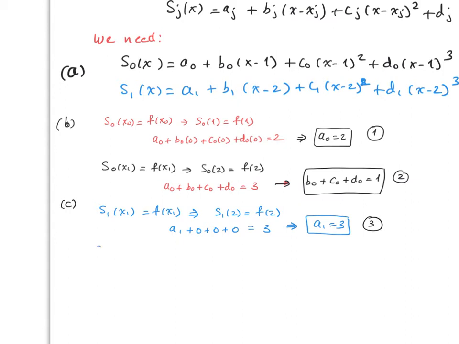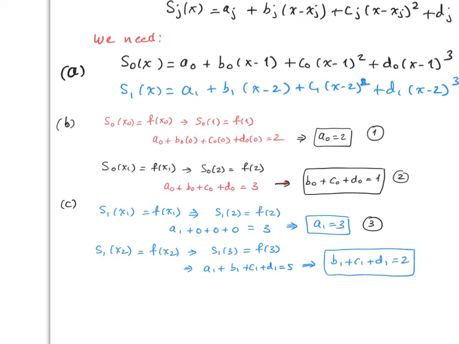Now in a similar way, we need to figure out what is s1 of x2, and this has to equal f of x2. So from here we have that s1 of 3 has to equal f of 3, or a1 plus b1 plus c1 plus d1 has to equal 5. And from here we get equation number 4, which will be this: b1 plus c1 plus d1 has to equal 2. Okay, basic algebra. And this is equation 4.